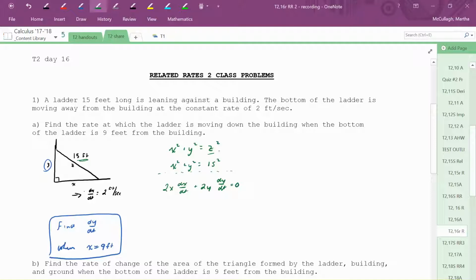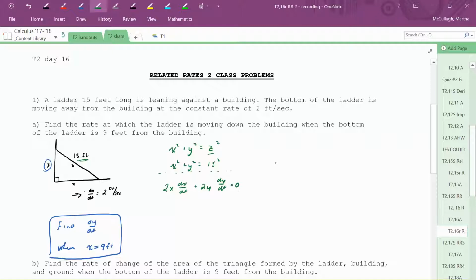Now, if I hadn't plugged in this 15 for my z, when I take the derivative, I would have had 2z dz/dt, but dz/dt equals 0 because z is not changing. That's why we can go ahead and plug this constant in now, because I'm going to get a 0 anyway.